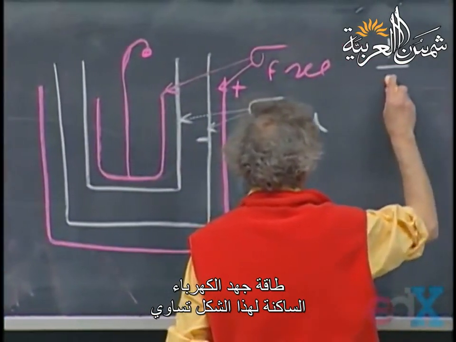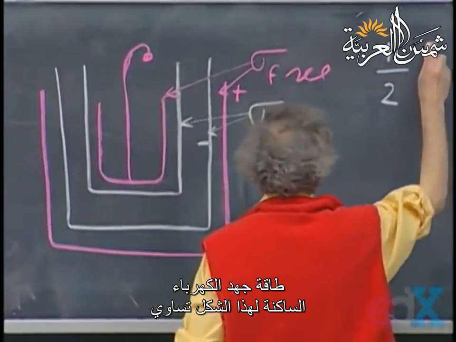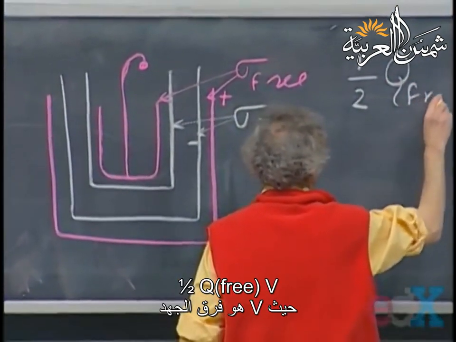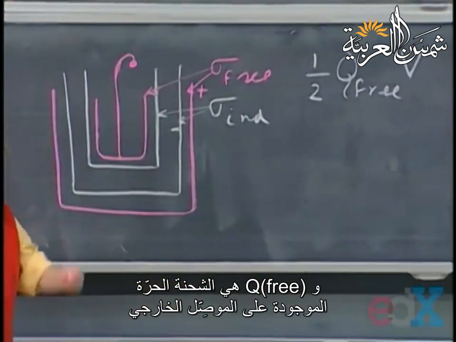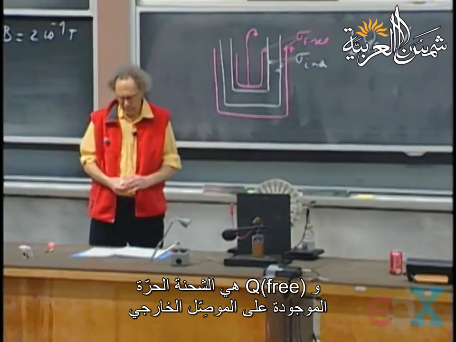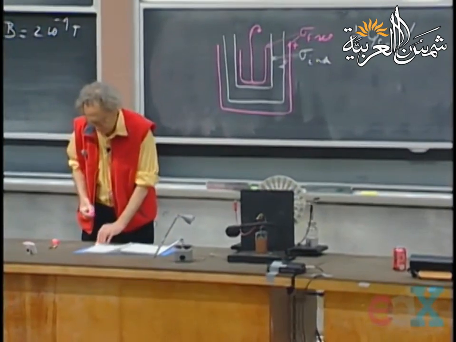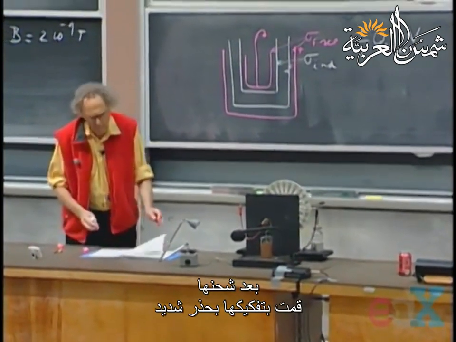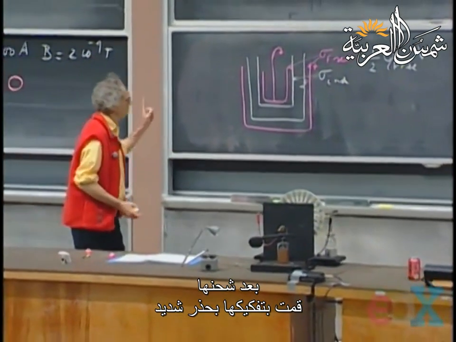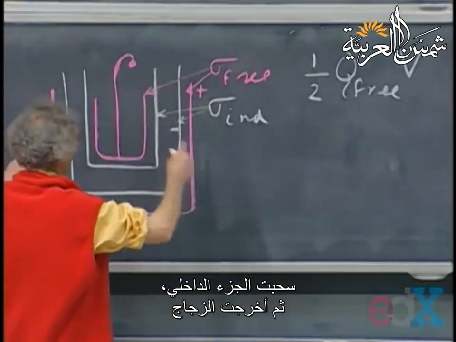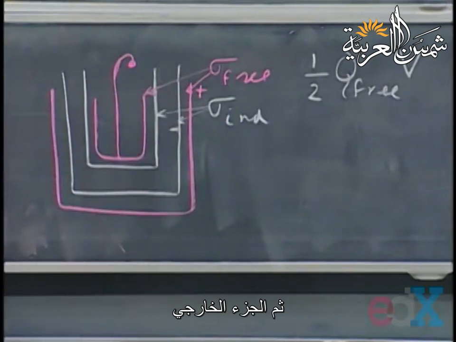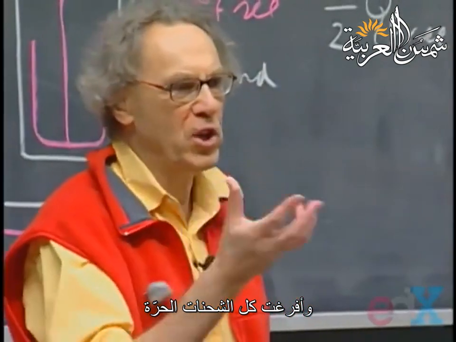The electrostatic potential energy of this configuration is 1/2 Q free times the potential difference, and the Q free is the charge which is on the outer conductor. And what I then did, I disassembled it very carefully after we had charged it up, took the inner portion out, took the glass out, the outer portion, and I took all the free charge off.